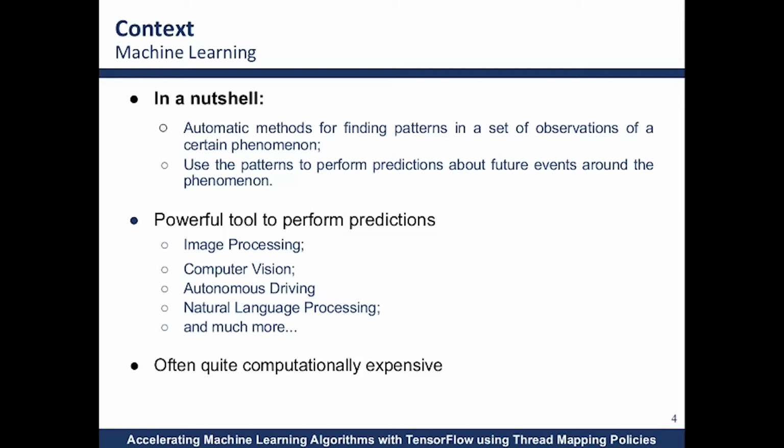And one characteristic of machine learning is that the processing of the applications is often quite computationally expensive, and often practitioners use accelerator devices such as GPUs to increase performance. And in the context of GPUs, while indeed GPUs significantly accelerate performance of machine learning algorithms, it is not as straightforward to get better performance.